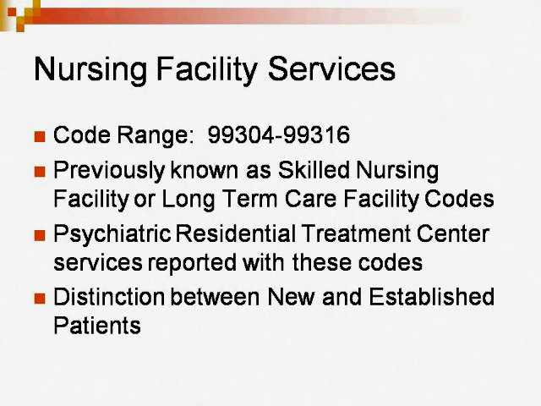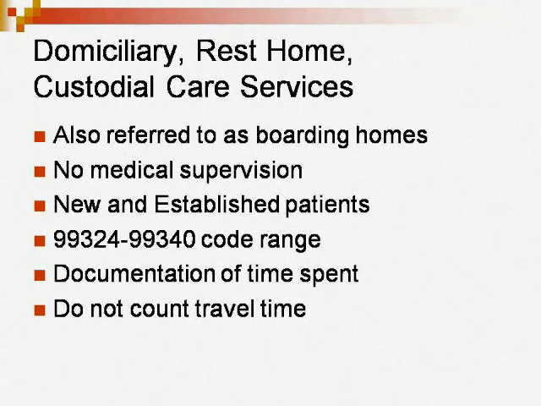These codes are determined on whether the patient is new or established. Domiciliary, rest home, or custodial care services are also known as boarding houses. These services are considered outpatient services. They can be assisted living, but there is no medical supervision. You must know whether the patient is new or established.